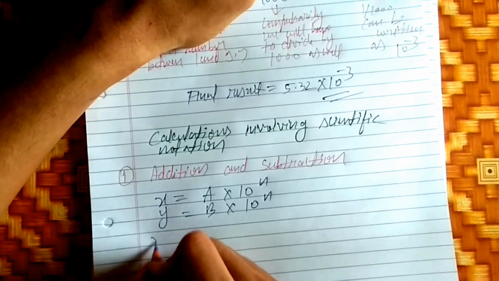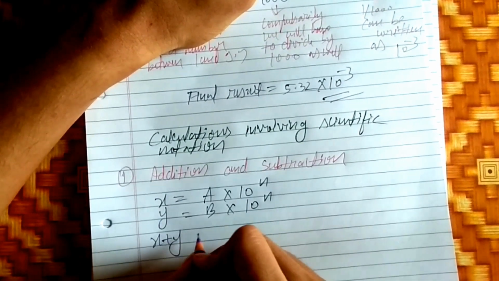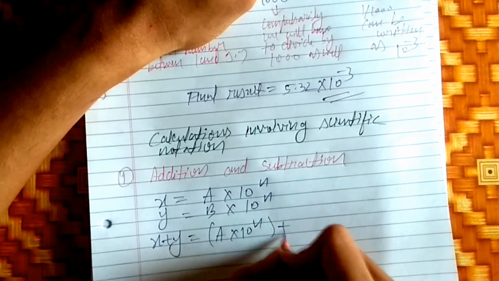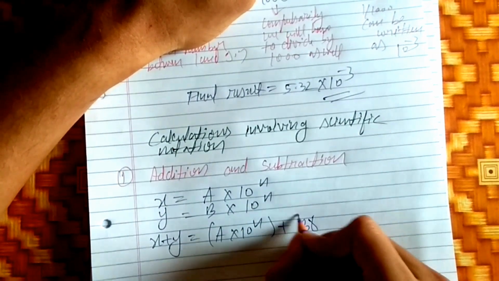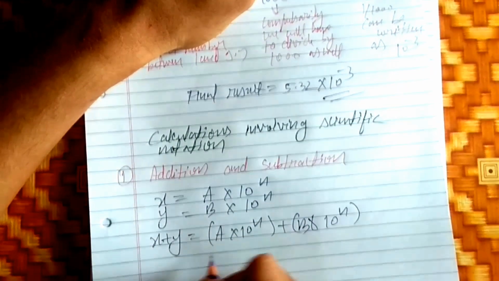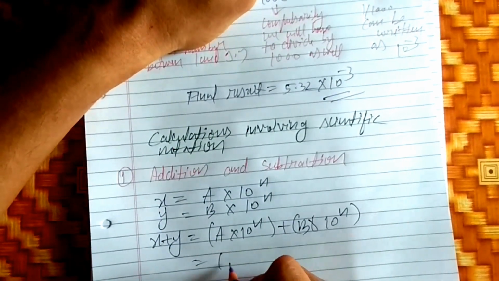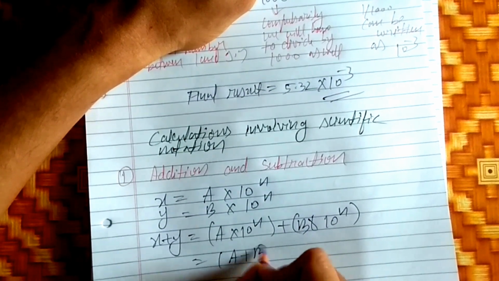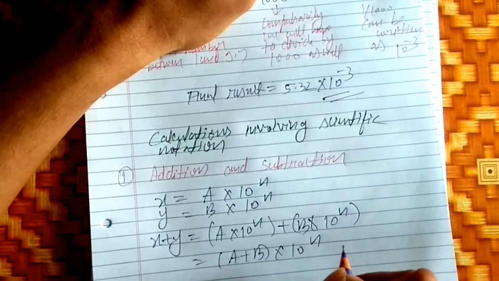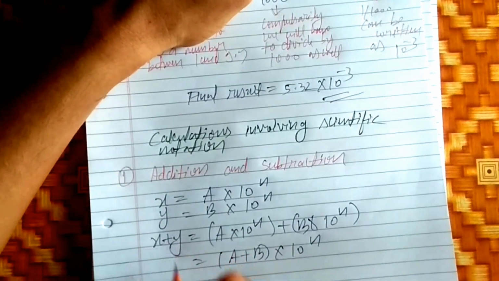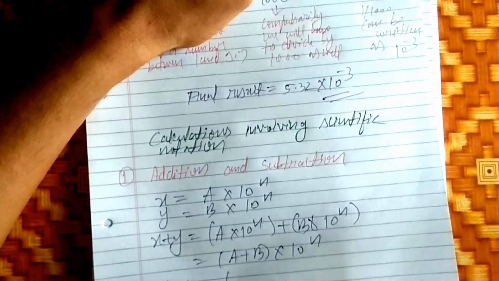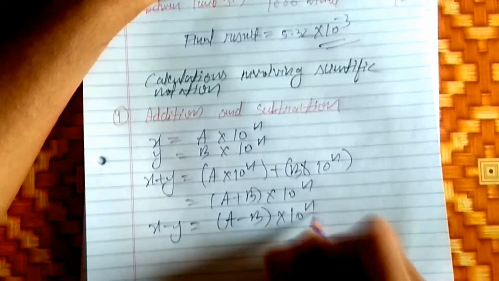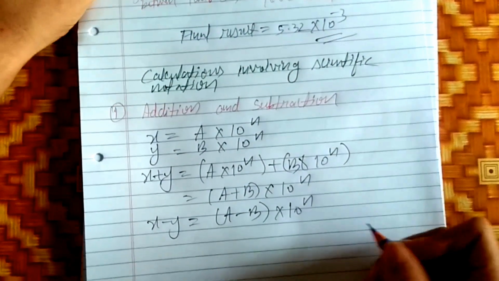Then the summation x plus y can be written as a into 10 to the power n plus b into 10 to the power n, where 10 to the power n is common, so it will be a plus b into 10 to the power n. Similarly, x minus y will be a minus b into 10 to the power n. No problem, right?